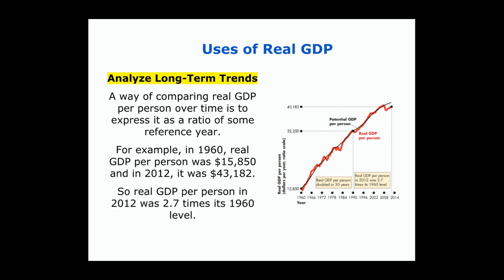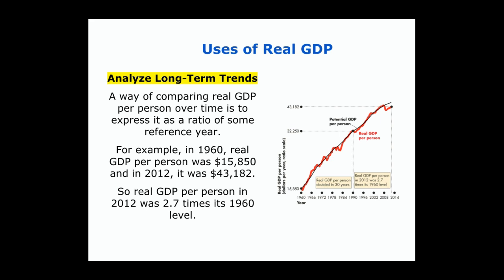And so when we do that for the United States, for example, between 1960 and 2012, we can see that the real GDP per person, after we've removed the effects of inflation and price changes, and after we've accounted for the fact that populations are bigger, is roughly 2.7 times. That means that the GDP in 2012 was 2.7 times what it was in 1960, after we account for inflation and population.